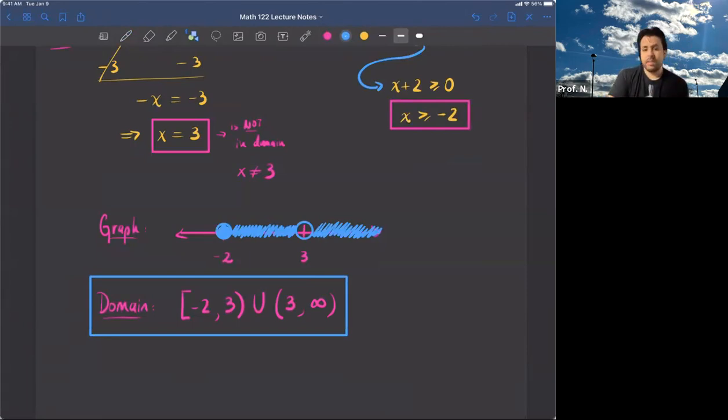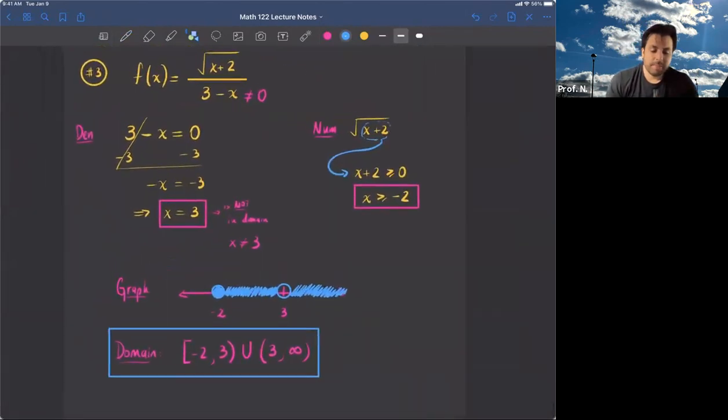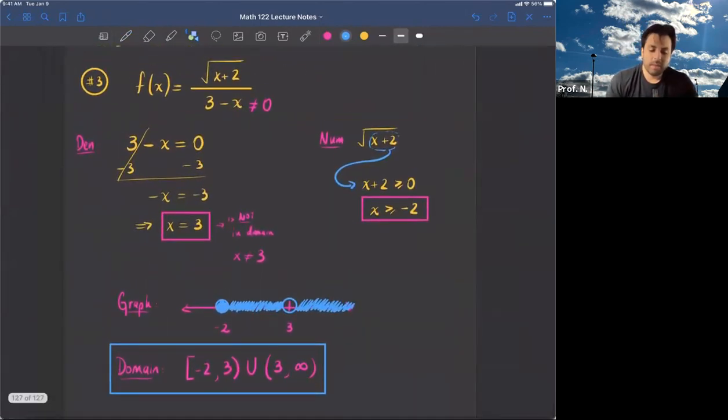So any questions? Any questions about this particular problem? Do you want to do more of these? Is it clear as to how we combine the denominator and the numerator together to find the graph on the number line, and therefore to find the interval notation?